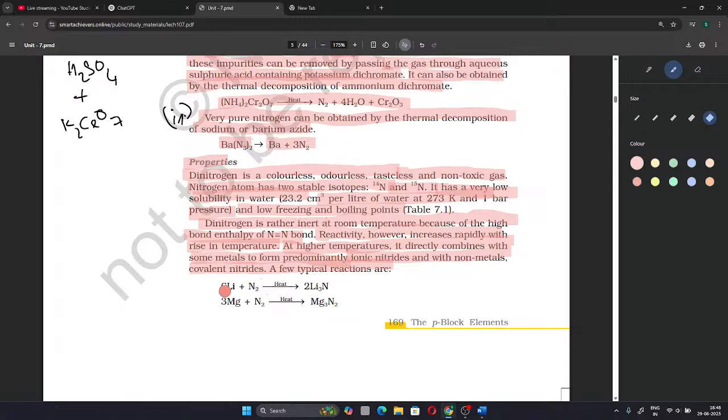In case of a metal, if you take lithium and dinitrogen and heat it together, it will form lithium nitride. And in case of magnesium, if we heat, it will also form magnesium nitride. These are ionic nitrides.